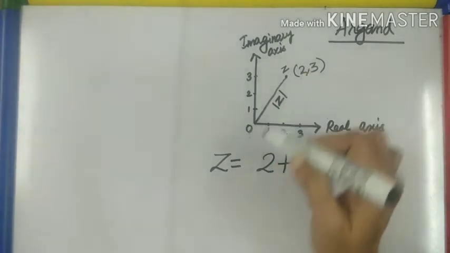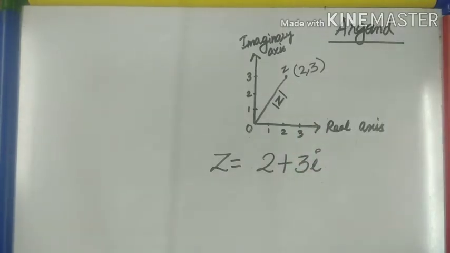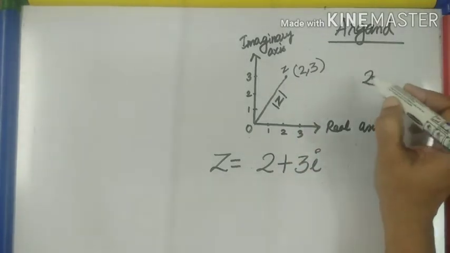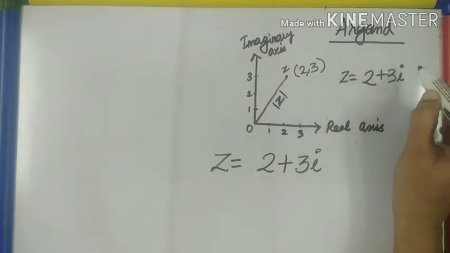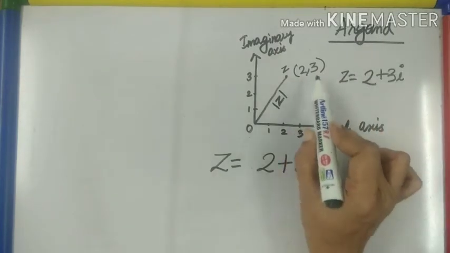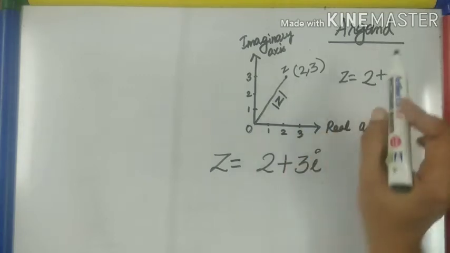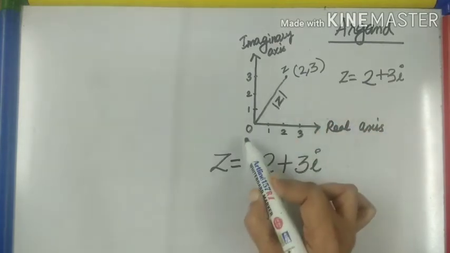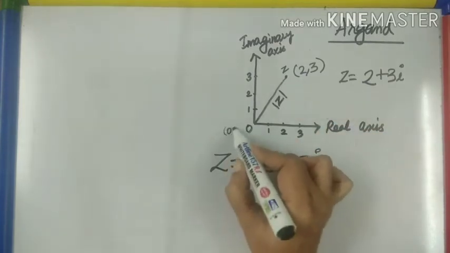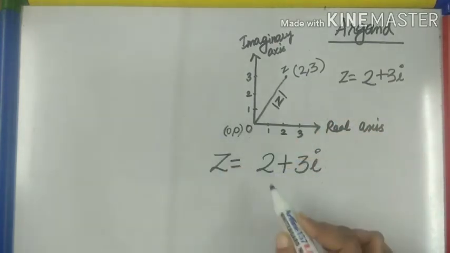So the number z equals 2 plus 3i, I mark as 2, 3, which is called an Argand diagram, and the distance from the origin, which is nothing but 0, 0, is called modulus of z.